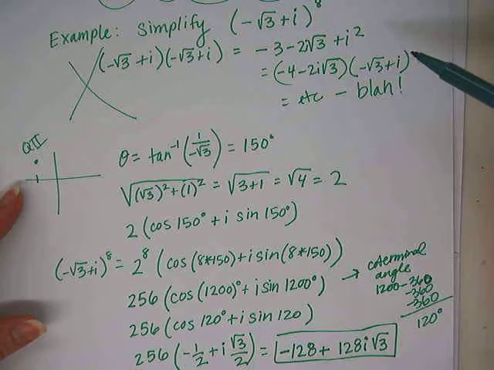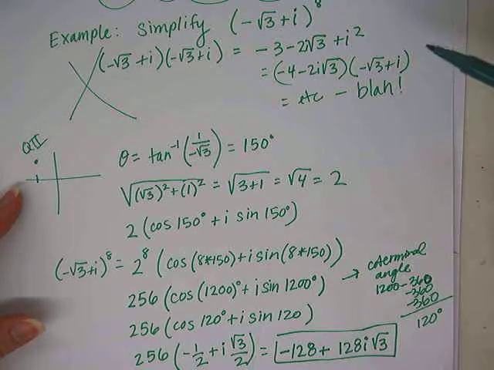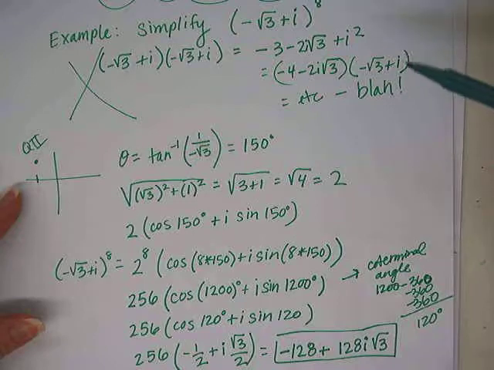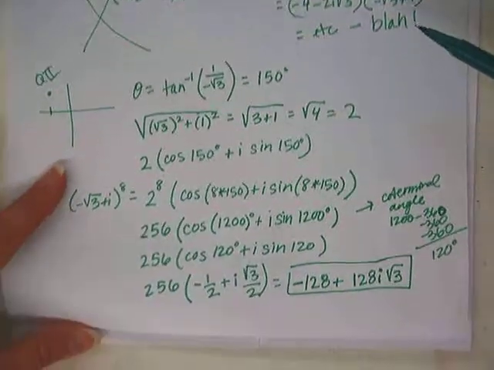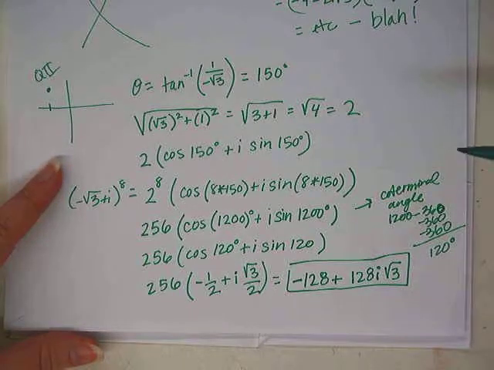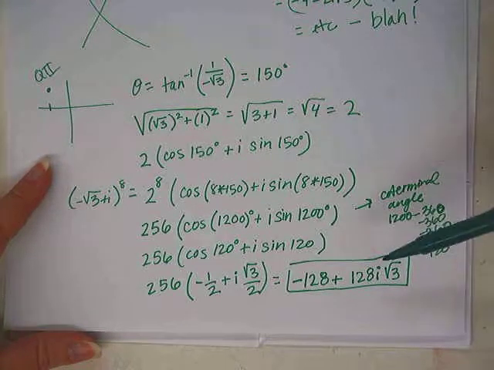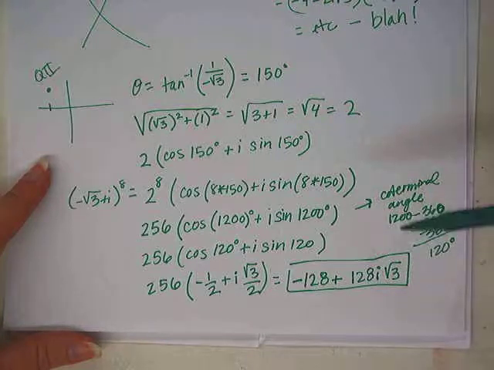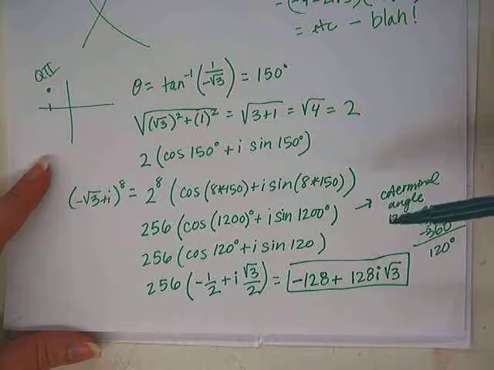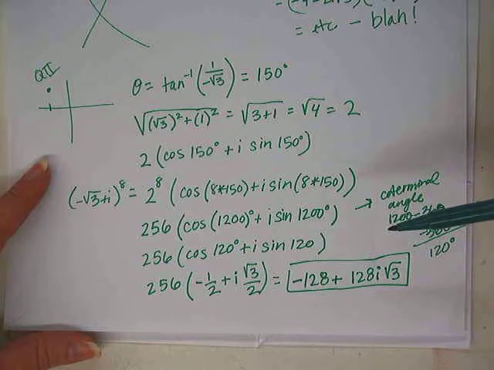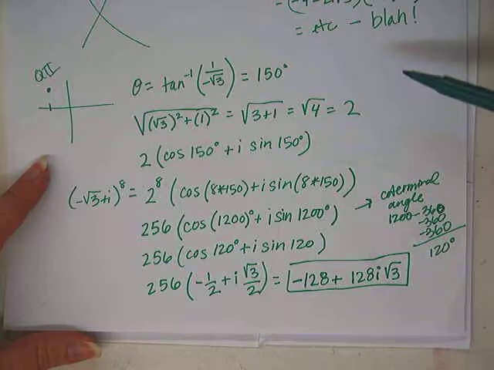If you kept foiling it out, you would always be doing square root of 3's times square root of 3's, which will just change to 3's, and they multiply in. And anytime you have an I squared, that turns into a negative 1. So every time you FOIL it out, you can simplify the square root of 3 things and the I squareds. And it just so happens that it would simplify to that. If you want to do it and prove it, feel free.